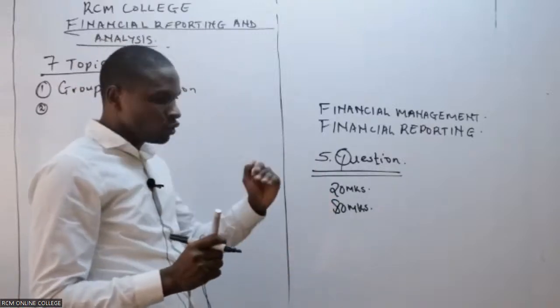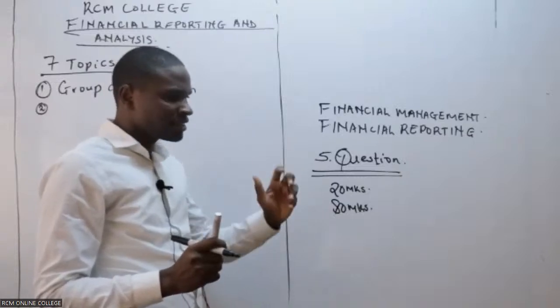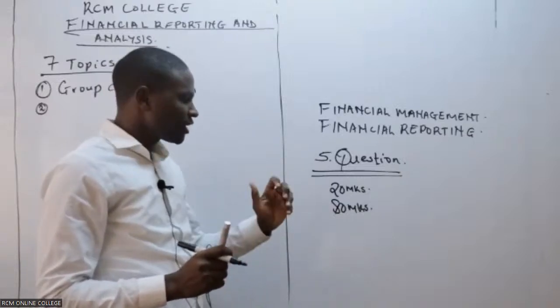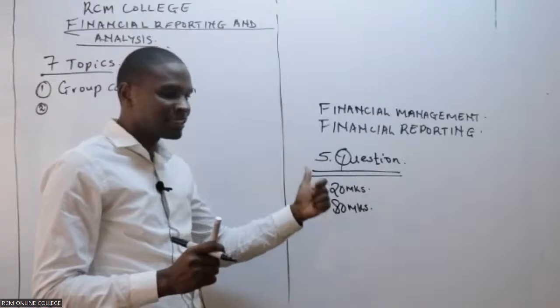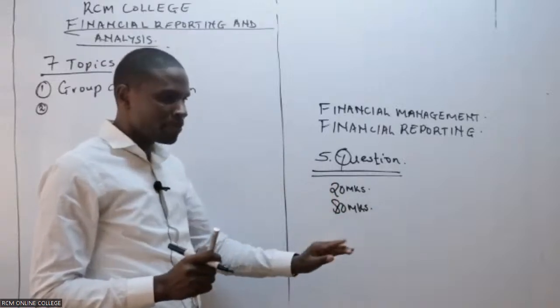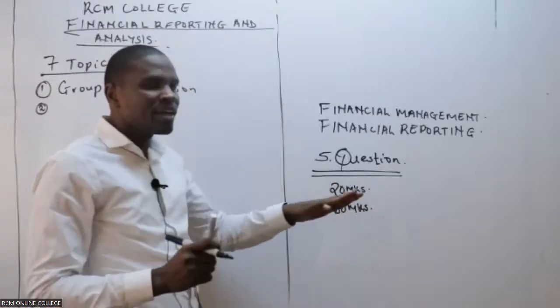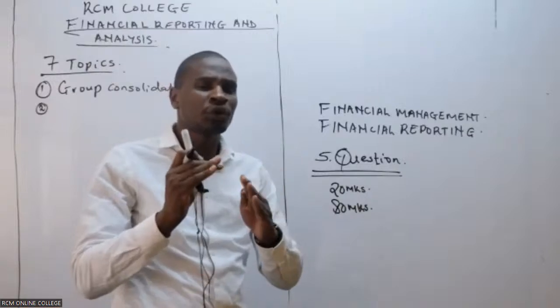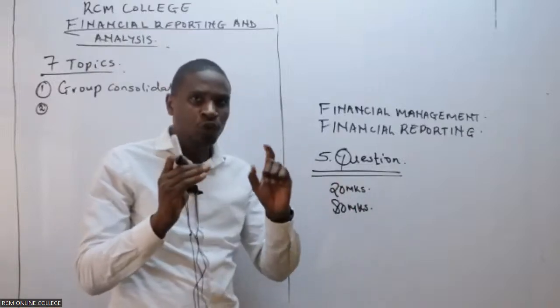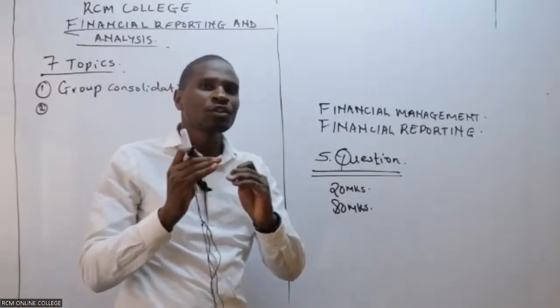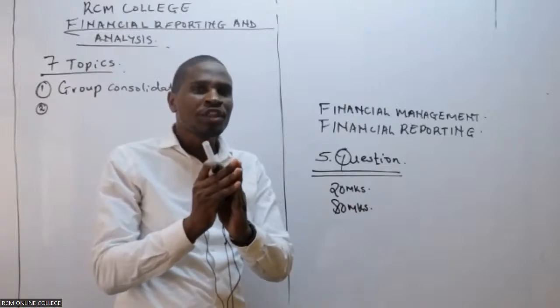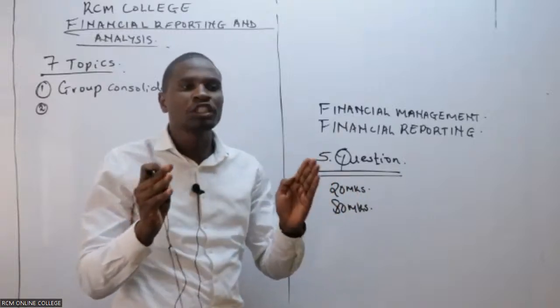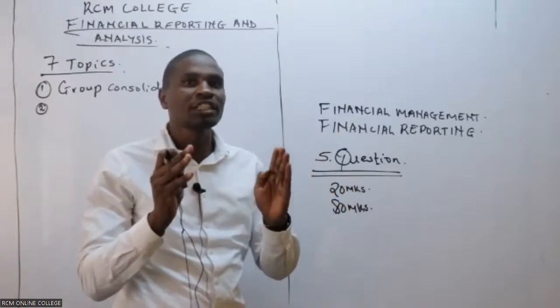Remember, in most cases the structure of setting this paper is that sometimes the examiner cannot get a question, except the group question and cash flow, with 20 marks full computation.